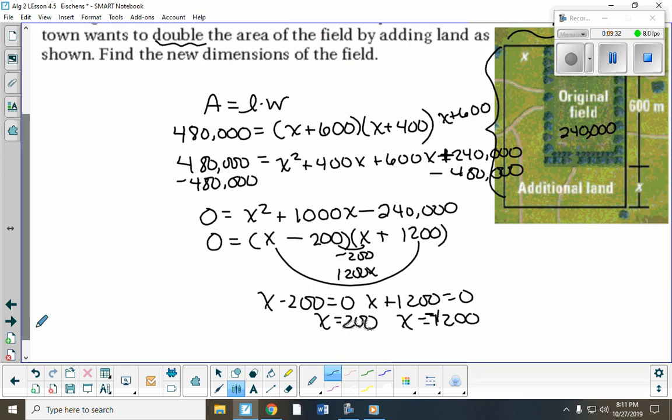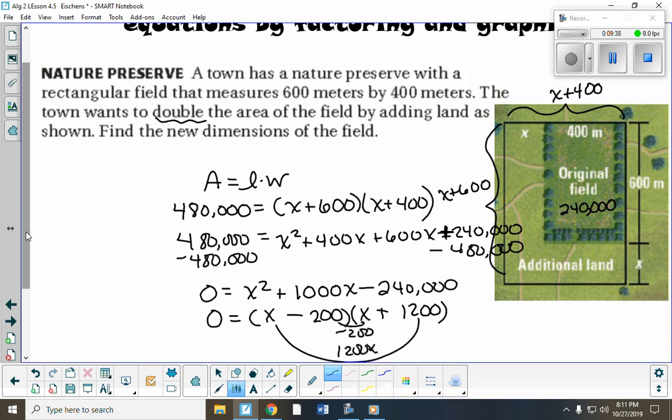So we throw out that answer, and the answer is going to be 200. And if you substitute that back in to the problem, that would make this 600, and that would make this 800. And 600 times 800, that is 6 times 8, which is 48, and so that would be your 480,000.